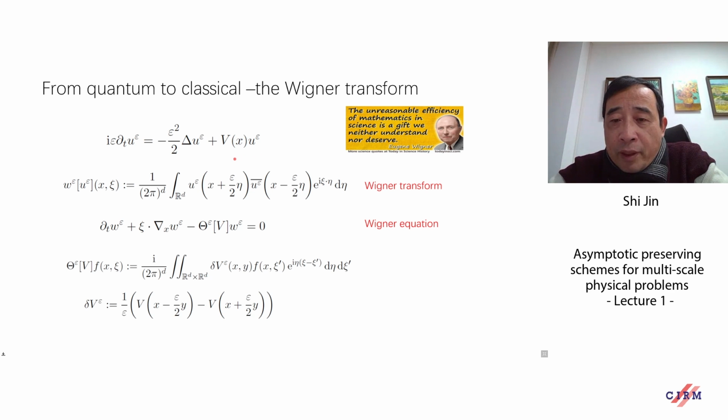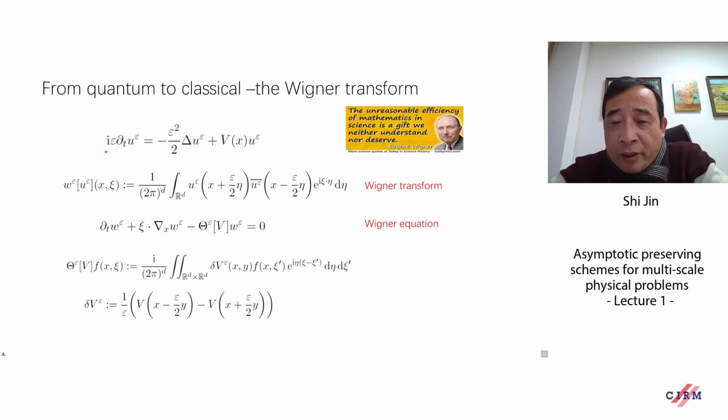To simplify notation, I represent the potential by V of x. If you non-dimensionalize the Schrodinger equation, instead of h bar you end up with epsilon. From now on, I may use epsilon or h bar interchangeably.